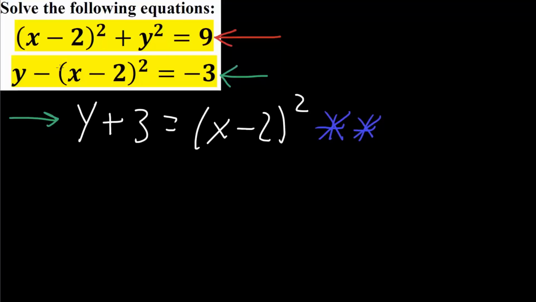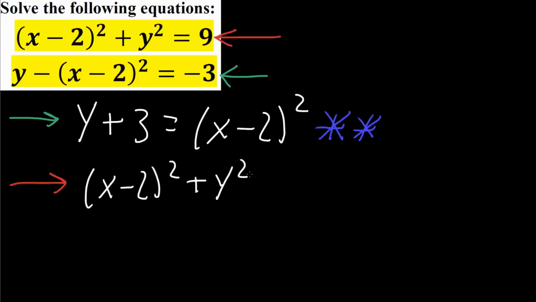Next I'm going to rewrite the equation in red. I'm just going to copy what we have: (x minus 2) squared plus y squared is equal to 9. Now I'm going to replace (x minus 2) squared with this, because we said that y plus 3 is equal to (x minus 2) squared.